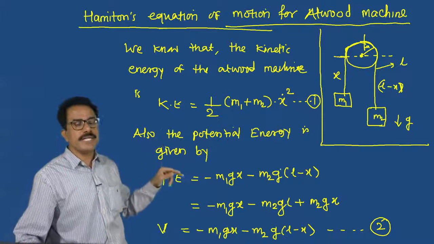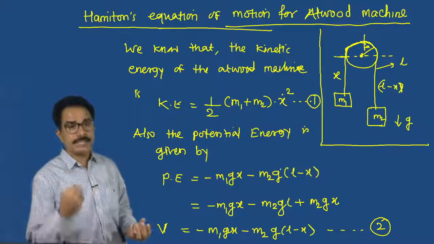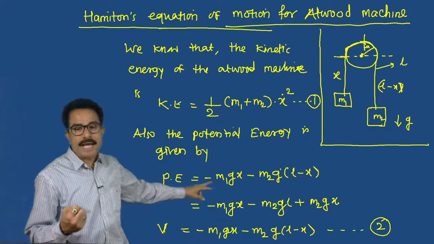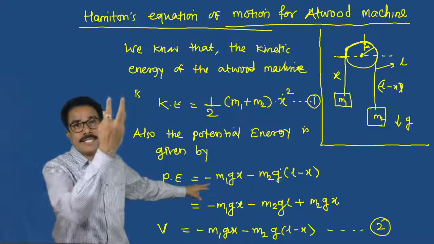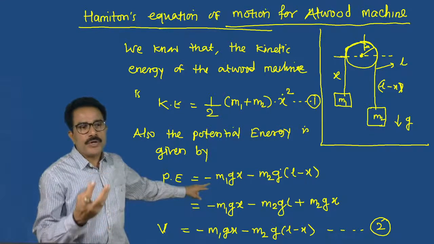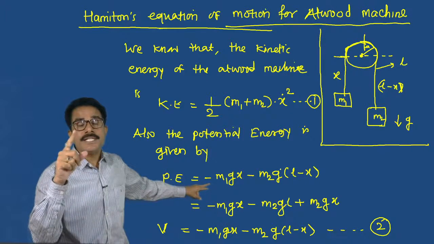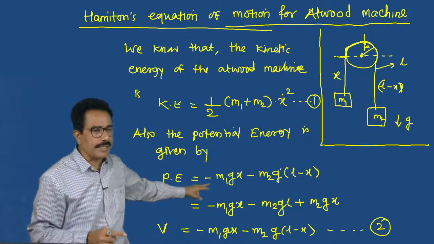This potential energy is in opposite direction of the gravitational force of attraction. म्हणून इथं मायनस, सपोज m1 इज गोइंग इन द अपवर्ड डायरेक्शन, देन इट इज in the opposite direction of gravitational force of attraction.